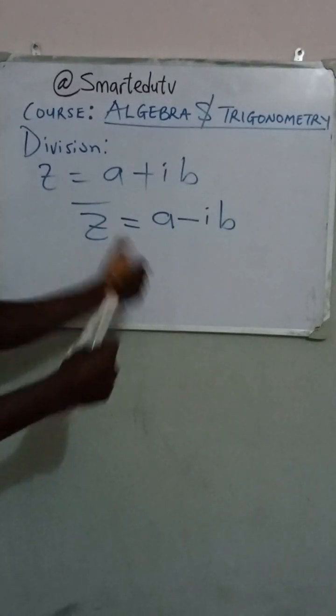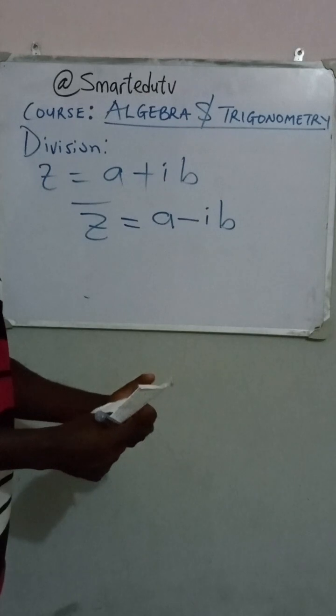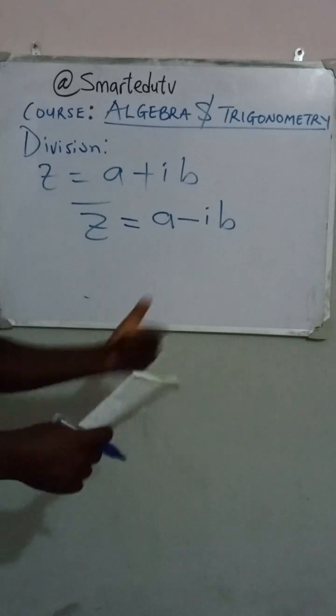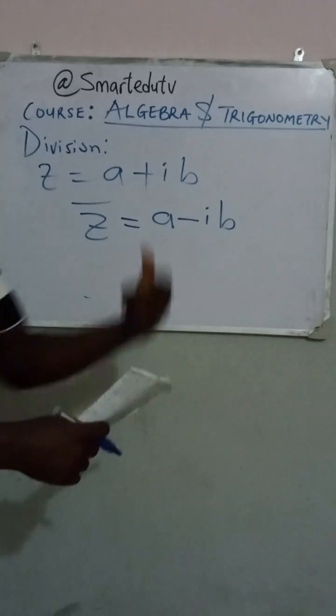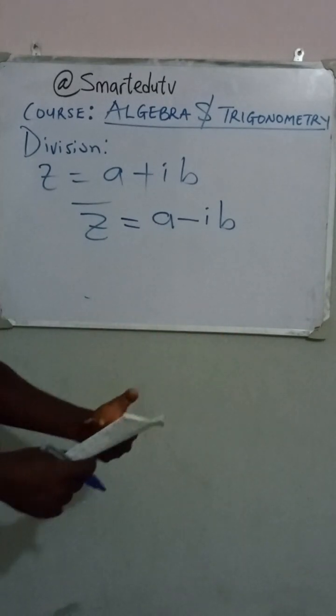It is this concept of conjugate we use to evaluate the division of complex numbers. What we actually do is to multiply both numerator and denominator by its complex conjugate.